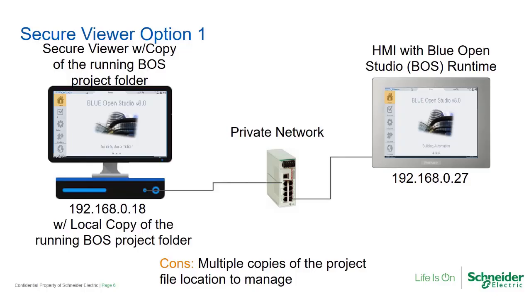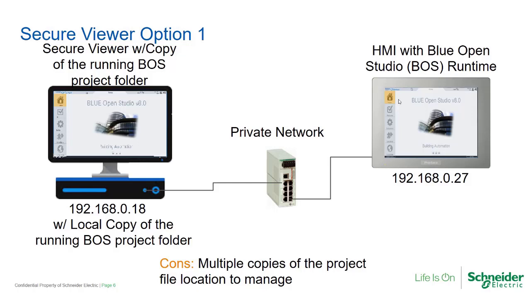All right, for Secure Viewer configuration option number 1, what we've done is taken the PC demo project that came with your Blue Open Studio install, and I've transferred that over to HMI, which happens to be an SP5000 with an open box and has a runtime license for Blue Open Studio.